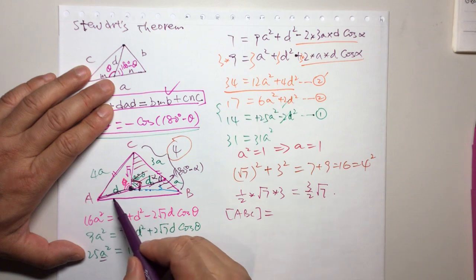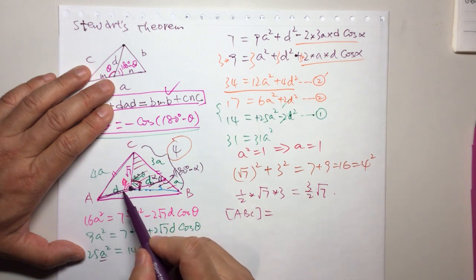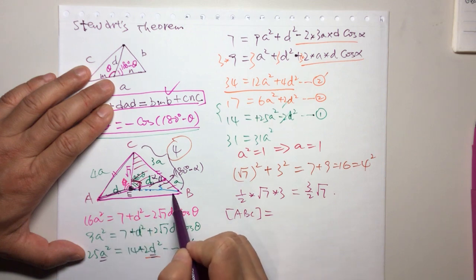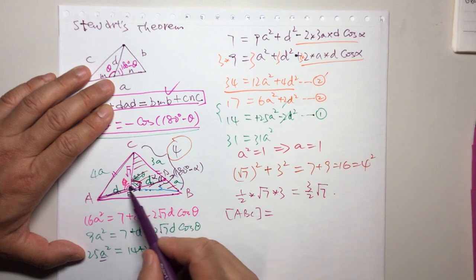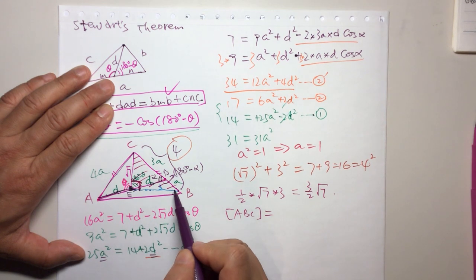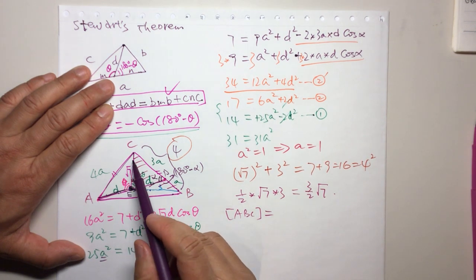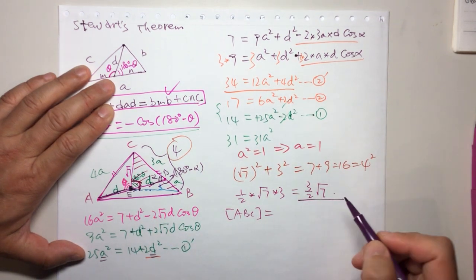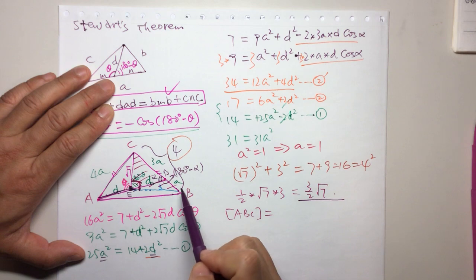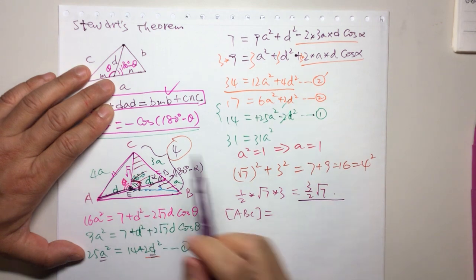And for this triangle, this is E, triangle EAB and EDB, they also have the same base and the same height. So the total area ABC will be 2 times this triangle BCE.